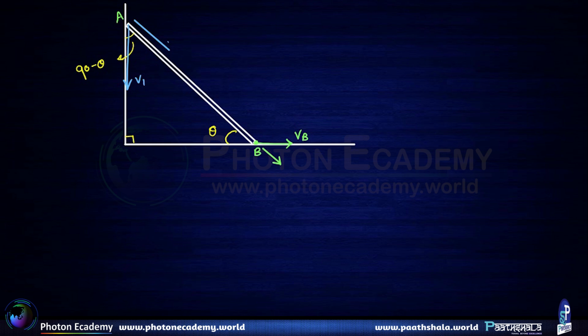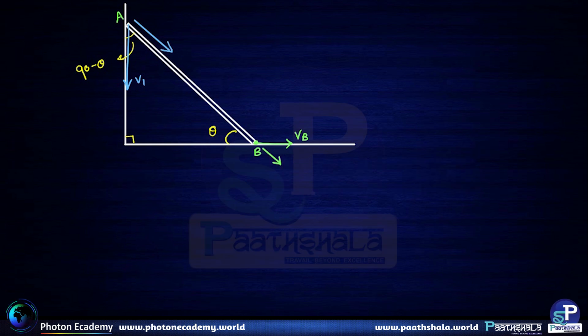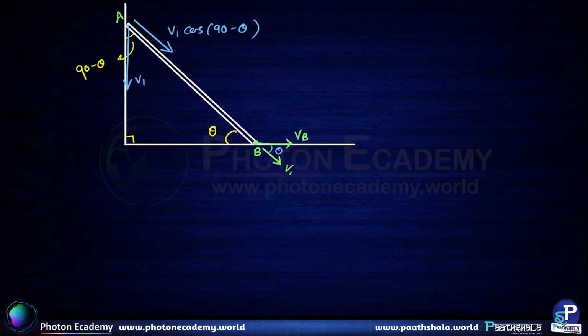The component of Va over here happens to be V1 cos of 90 minus theta. So V1 cos of 90 minus theta is going to be the same as Vb cos theta, because the length of the rod is constant.